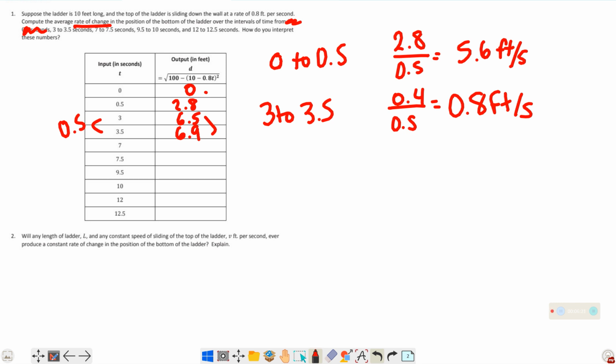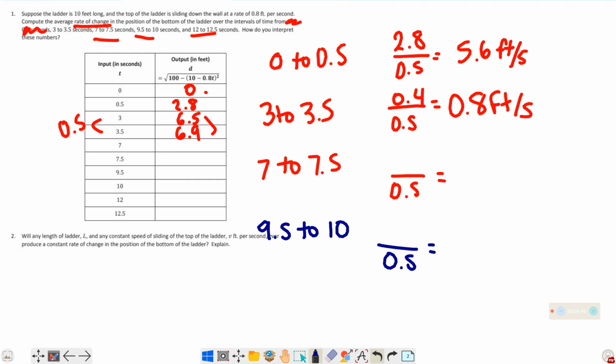And then you're going to continue for 7 to 7.5 and 9.5 to 10 and 12 to 12.5. So you're going to need to finish those last three and fill in the rest of the table.